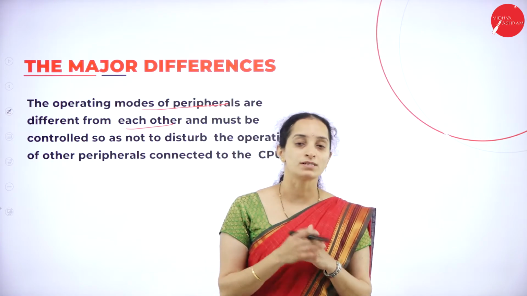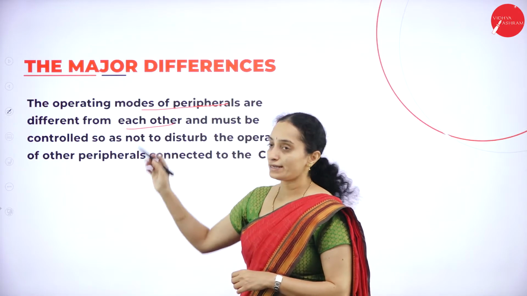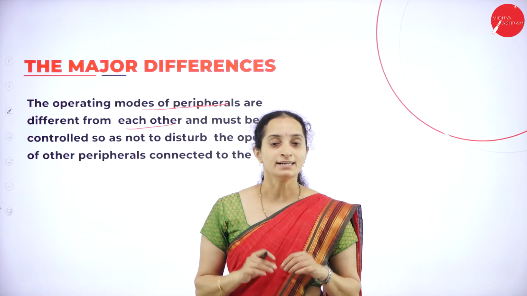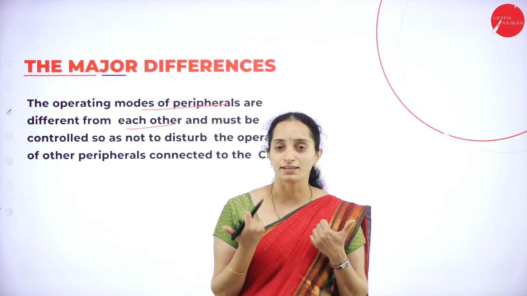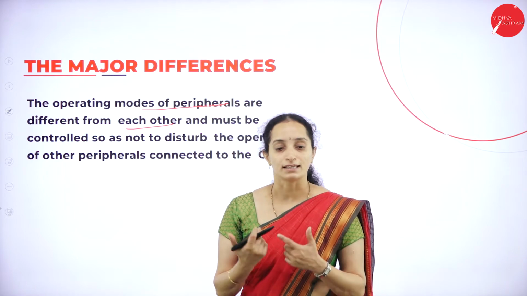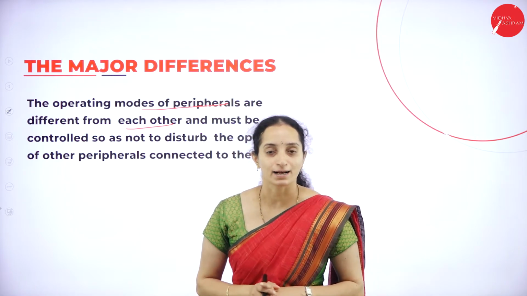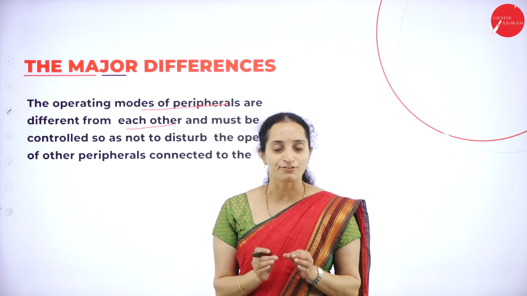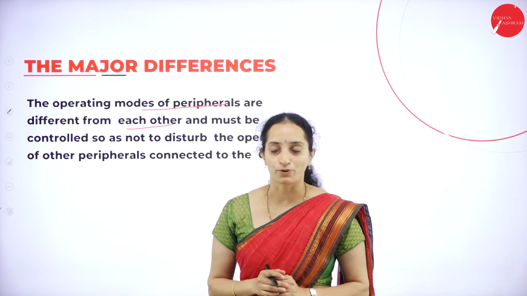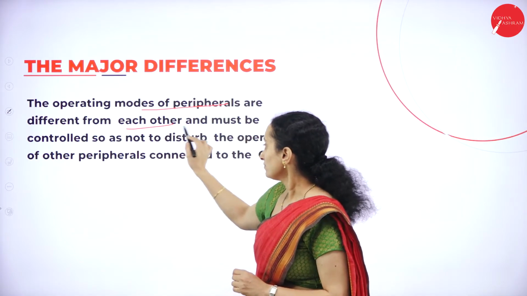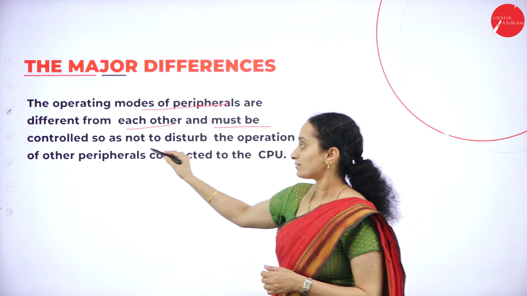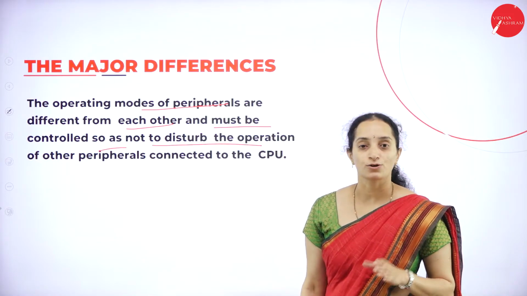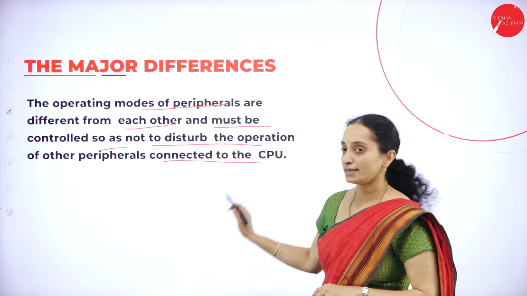When their working mode is different, their operating mode, their structure, their memory space needed, their speed of communication, everything will differ, isn't it? Even though they are interconnected in a computer, the mode of operation is different with different components. Okay. So, and must be controlled. They must be controlled so as not to disturb the operation of other peripherals connected to the CPU.